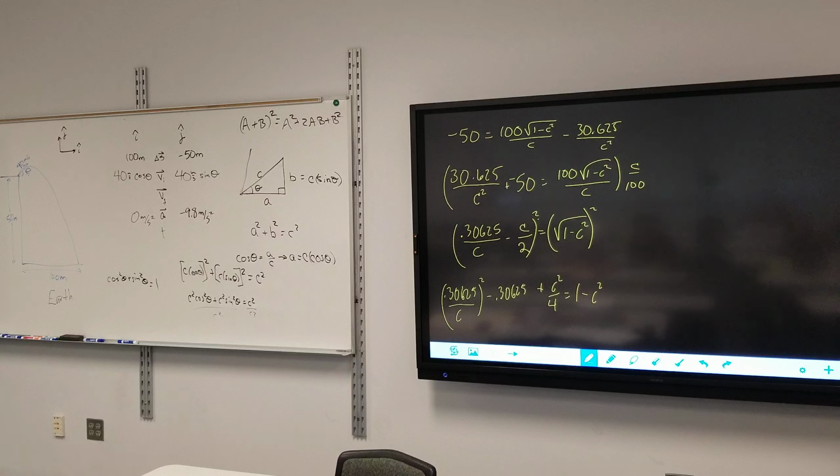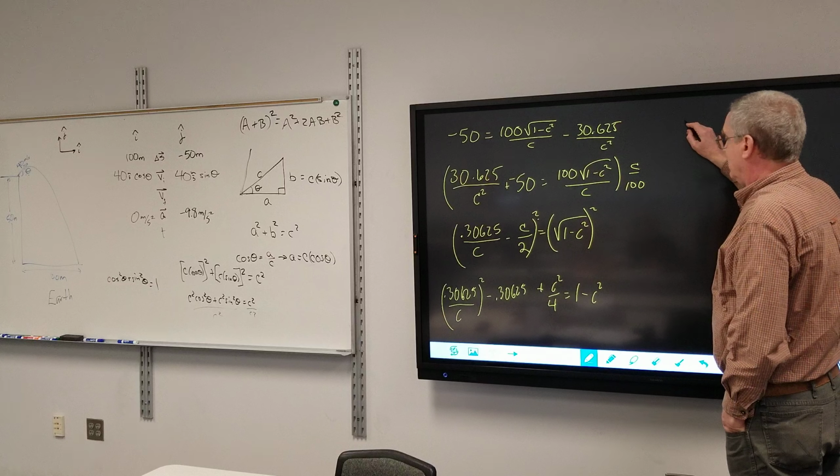Now I don't have a square root anymore. Now what? Subtract 1 from both sides.